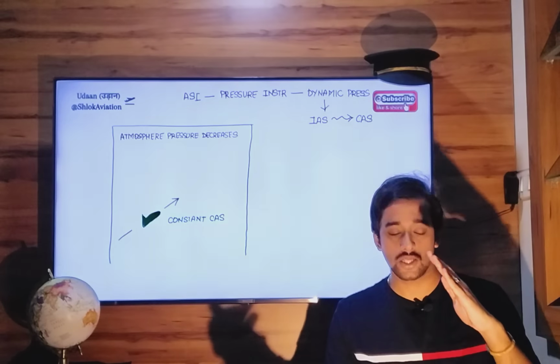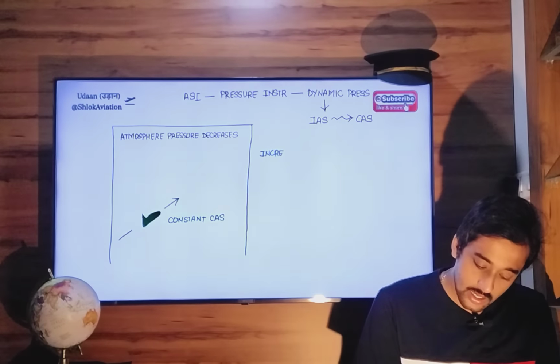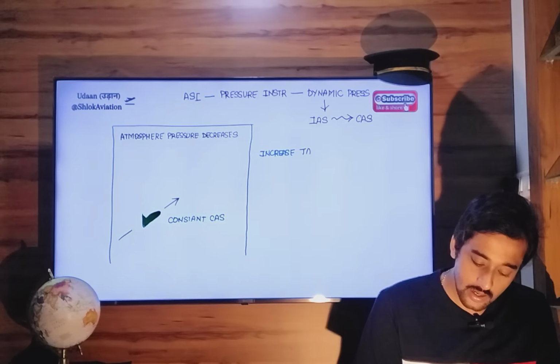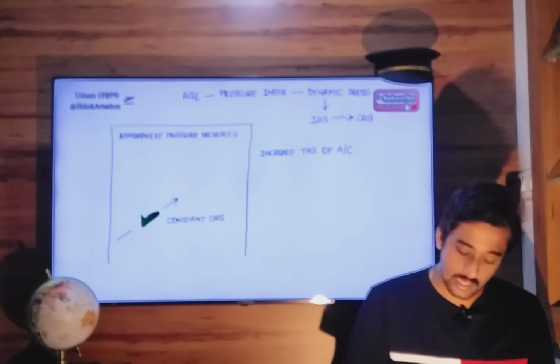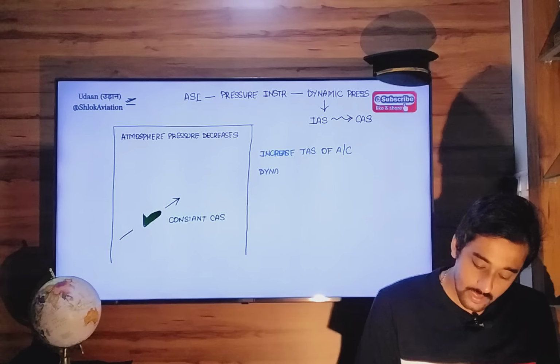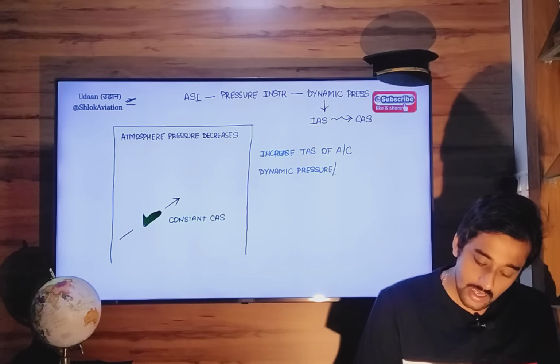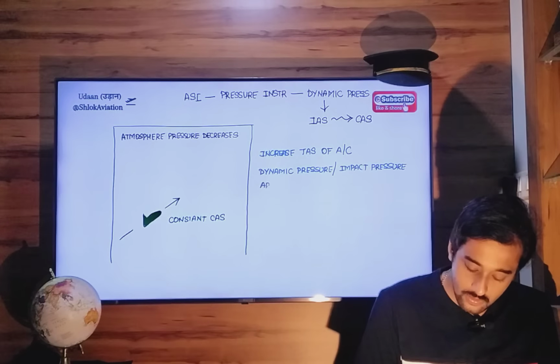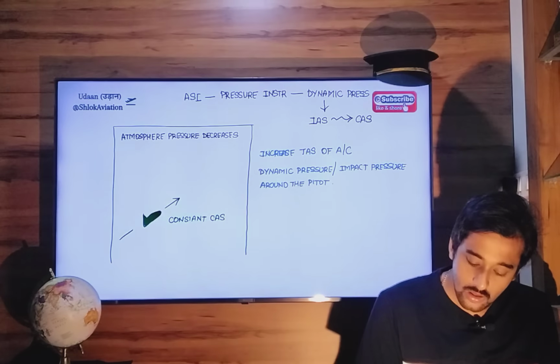You will have to increase the true airspeed of your aircraft. When the true airspeed of your aircraft increases, dynamic pressure, or impact pressure, around the pitot tube also increases, right?